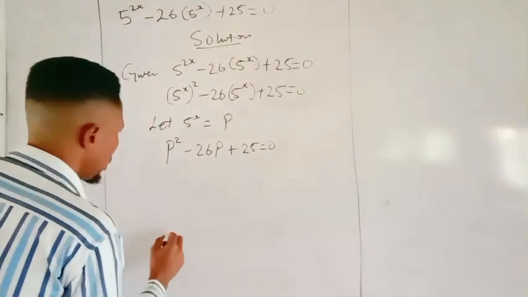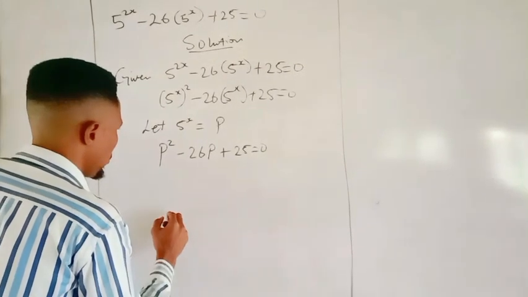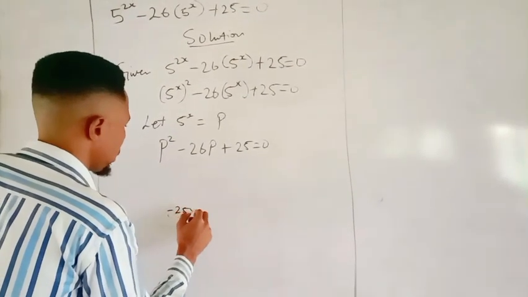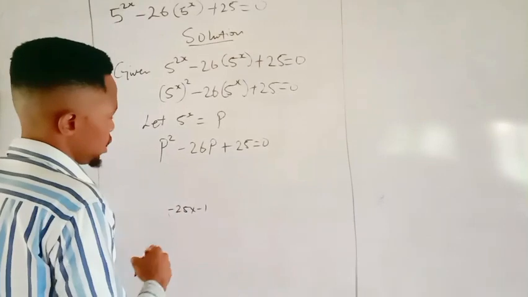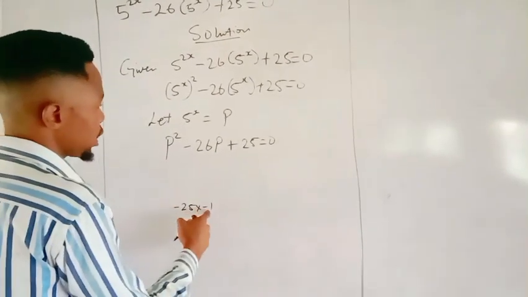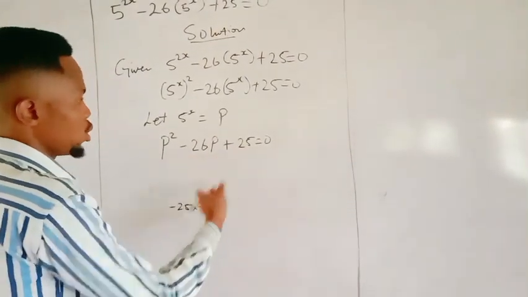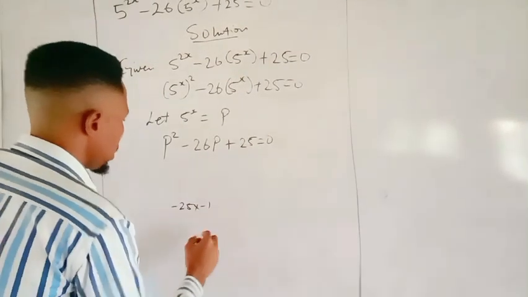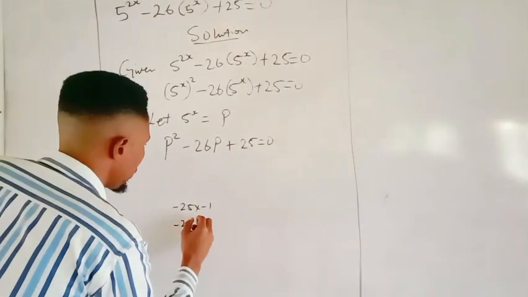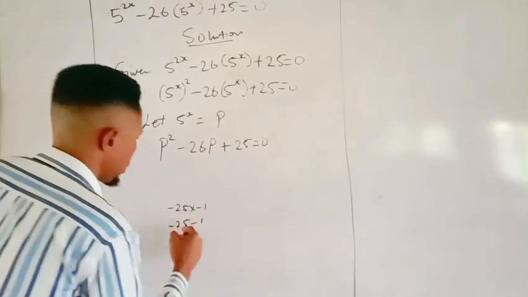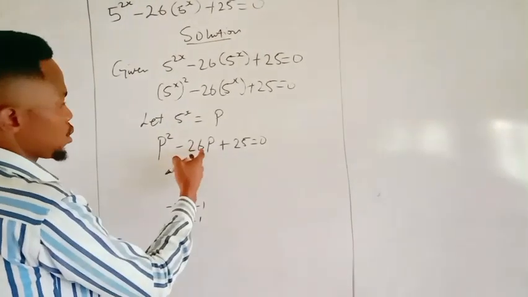Let's take it down: minus 25 times minus 1. If you multiply these two together, it will give you plus 25. Now minus 25 minus 1, if you add them together, it will give you minus 26.